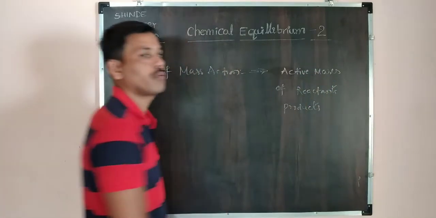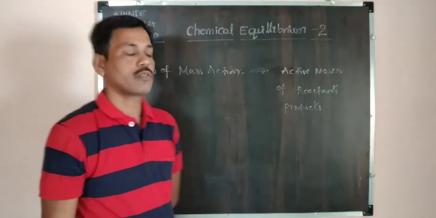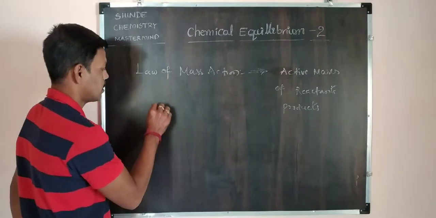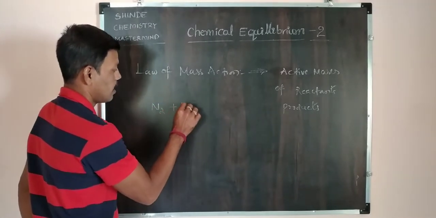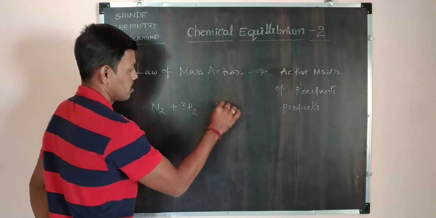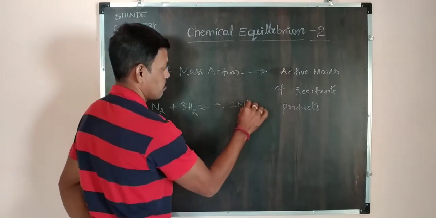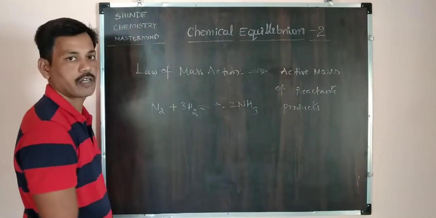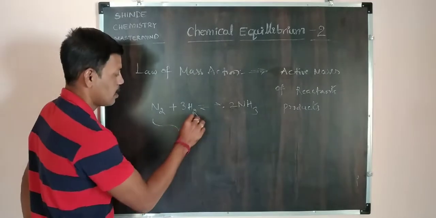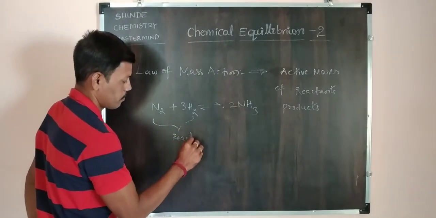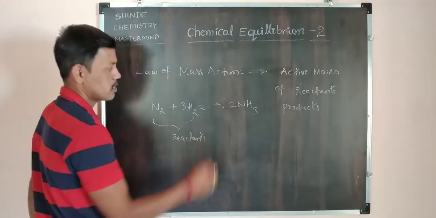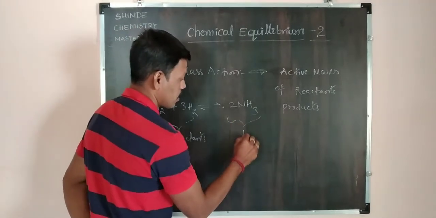What is meant by active masses? If you see the reaction here, nitrogen and hydrogen give ammonia. Nitrogen and hydrogen are the reactants, right? They give ammonia, which is the product.